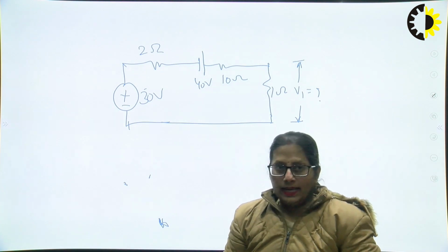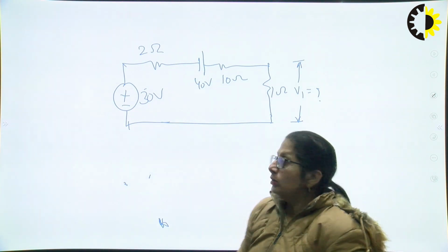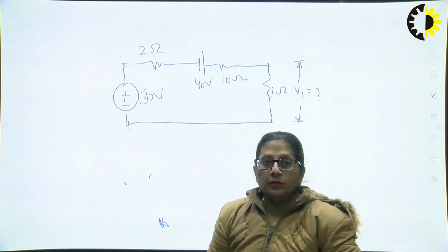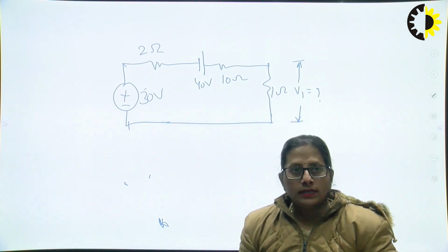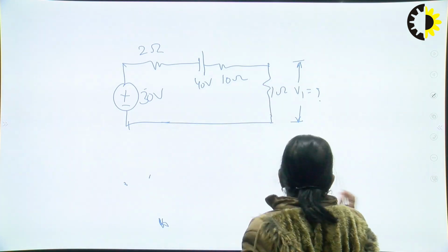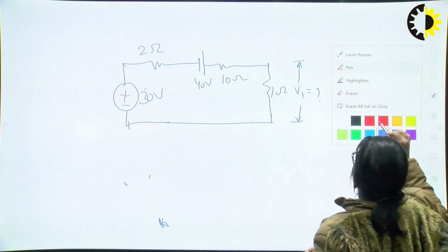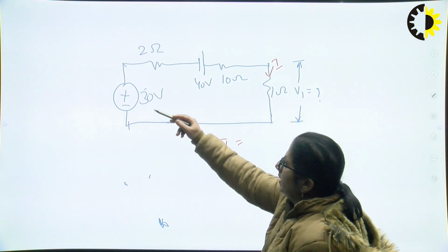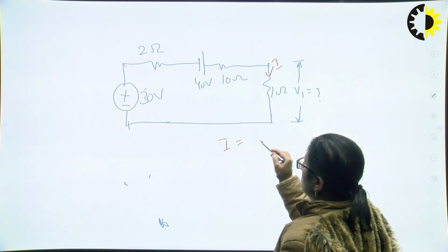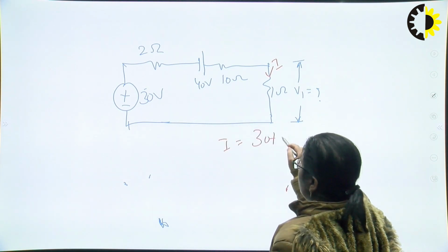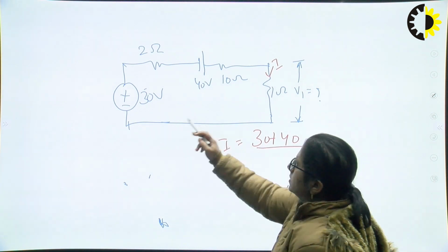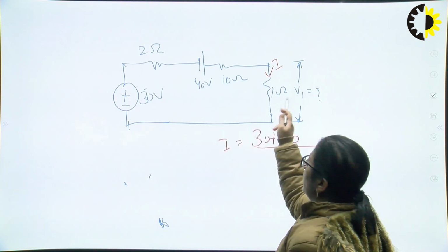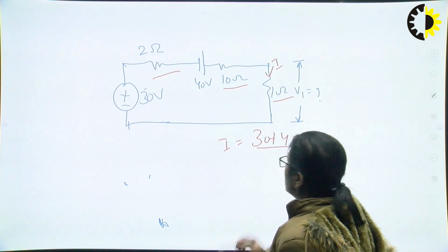Once again, what we want to know is the voltage across 1 ohm. First, I'll derive the current. It's a single circuit, so I'll come to know how much the current is. The current through the load, say I, is given by, this is negative, positive, negative, positive, 30 plus 40. The total resistance is 2 plus 10 plus 1, so that gets me 12 plus 1, 13.